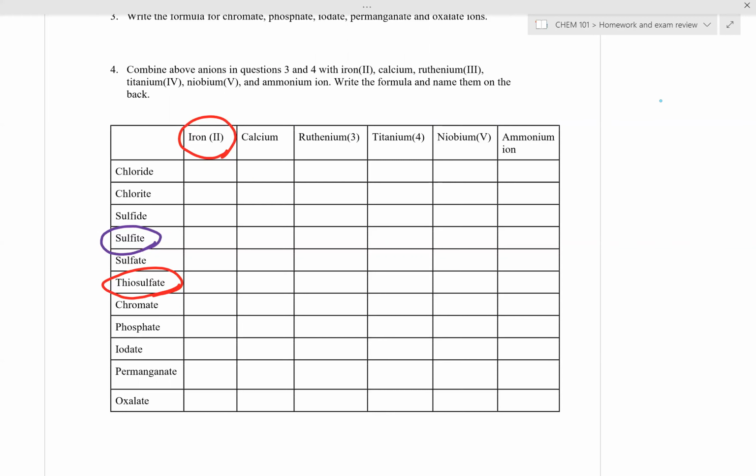Phosphate is a negative. Iodate is iodine.